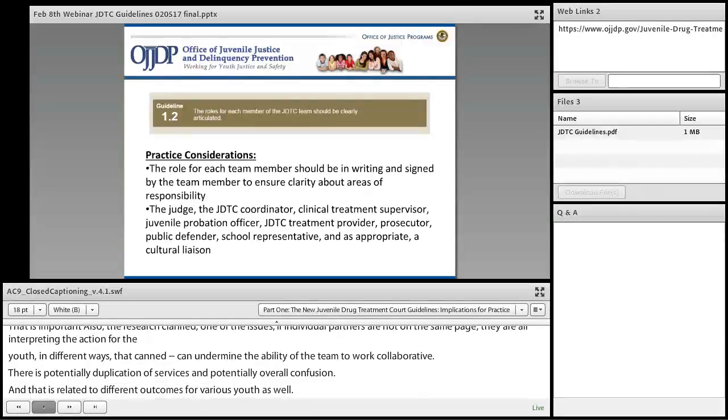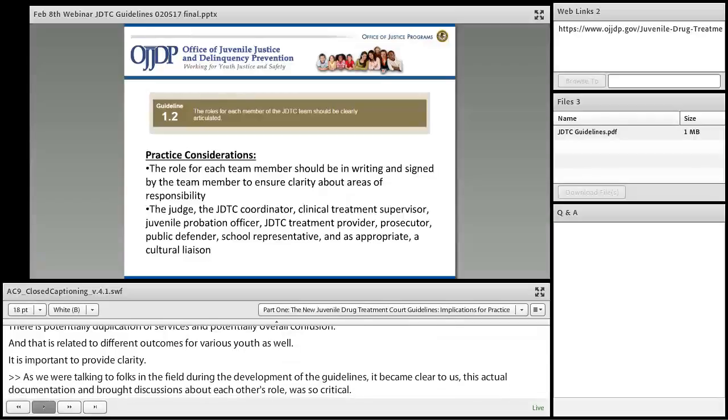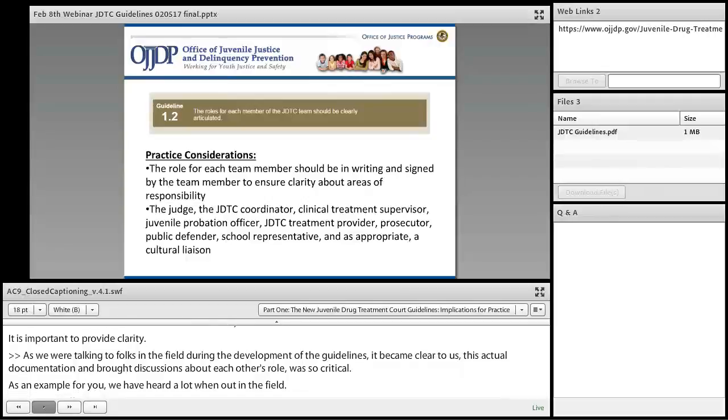And as we were talking to folks in the field during the development of the guidelines, it became clear to us that this actual documentation and broad discussions about each other's role was so critical. And just an example for you that we heard a lot when we were out in the field. A probation officer, for example, might be focused on youth and community safety and compliance with the rules of probation, while a therapist is focused more on relationship building, understanding the drivers of the youth's behavior.